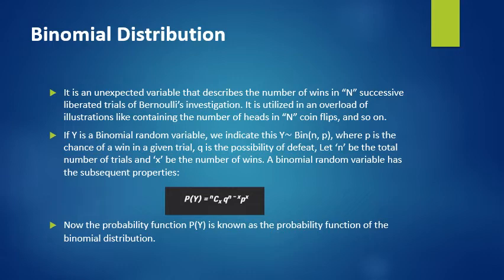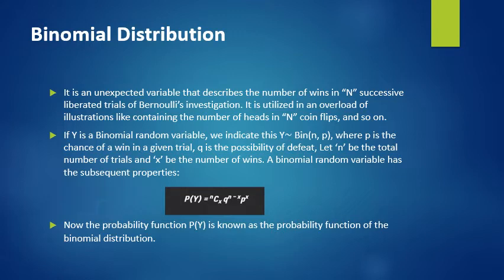If y is a binomial random variable, we indicate this as y being binomial (n, p), where p is the chance of a win in a given trial, q is the probability of defeat. Let n be the total number of trials and x be the number of wins. A binomial random variable has the following properties. P of y is equal to nCx q power n minus x p power x. Now the probability function P of y is known as the probability function of the binomial distribution.